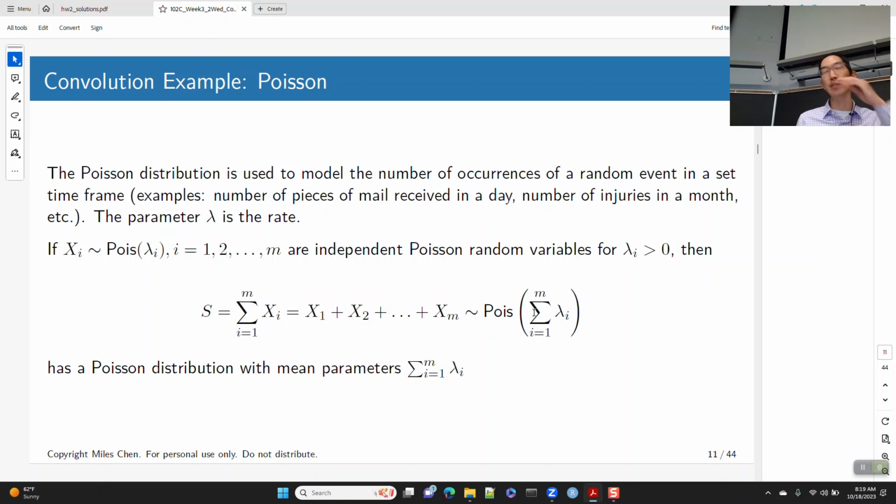So a classic example is how many people walk through the door of a shop within a 1 hour span, or how many pieces of mail you get in a day. You could change it to email or text messages.